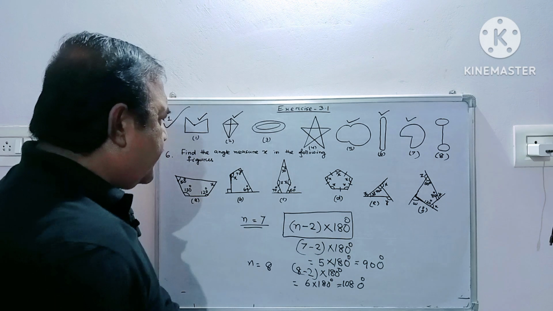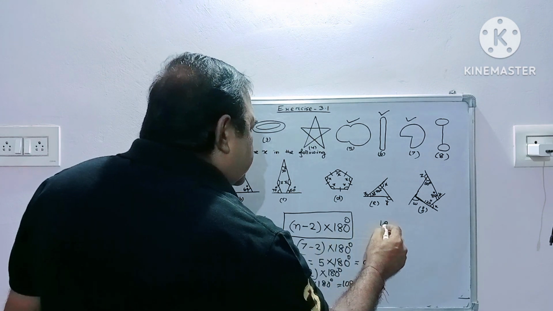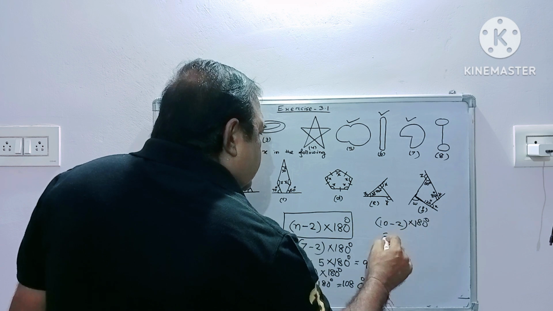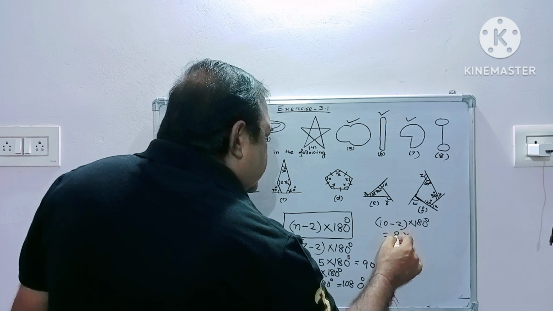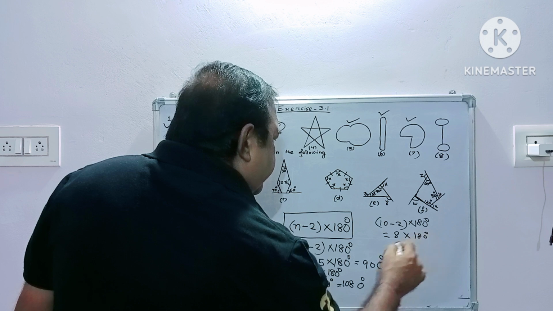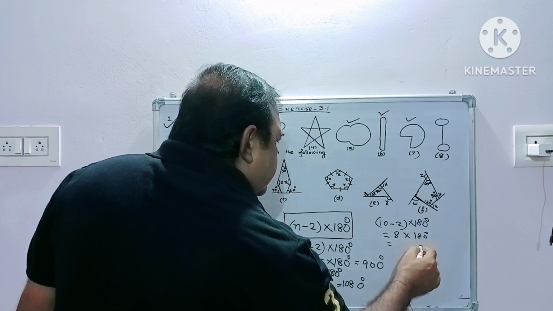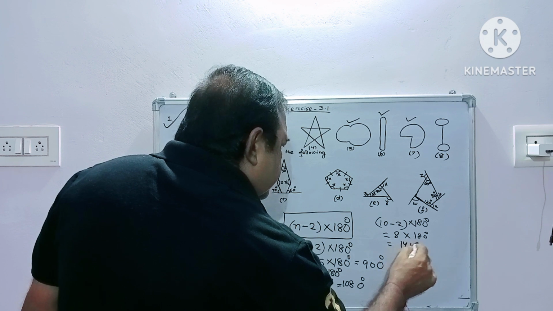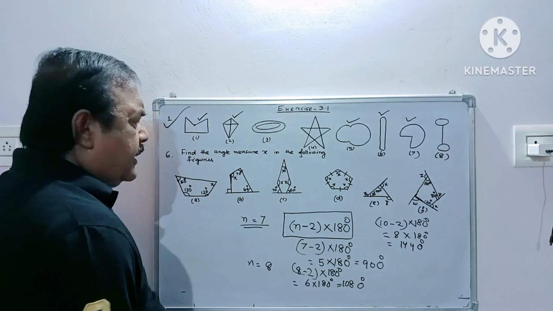In case of 10, you apply the same formula, 10 minus 2 into 180 degrees, that is equal to 8 into 180 degrees, that is 1440 degrees.